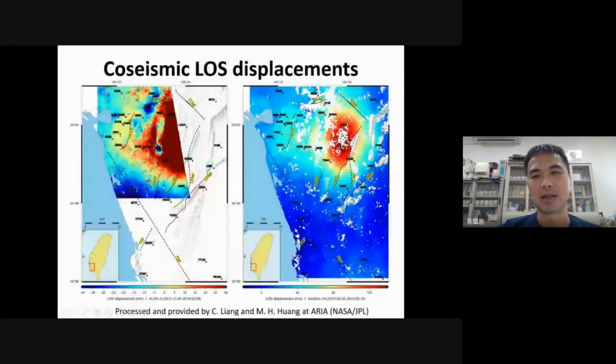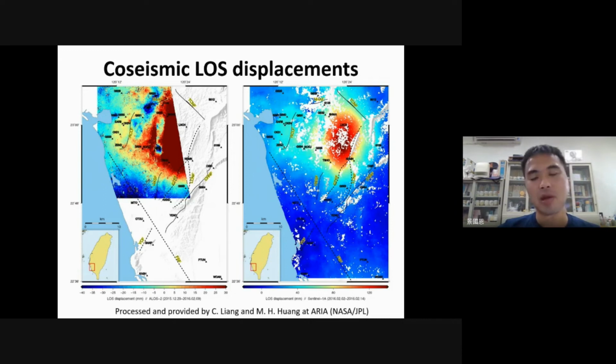But once we get the InSAR result, we confirm that the GPS data is correct, and the main co-seismic displacement area is west of the epicenter. We have one, two, and maybe three large displacement areas.